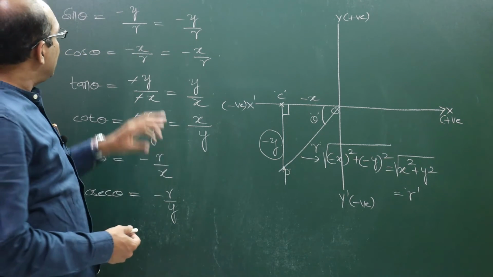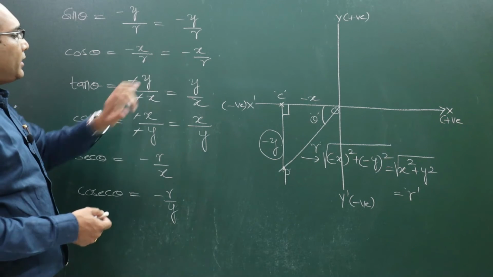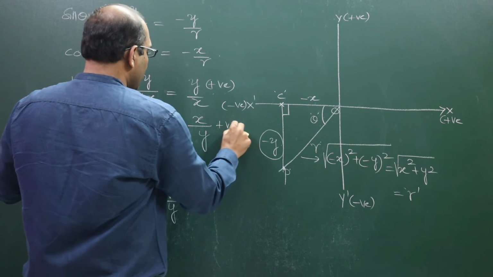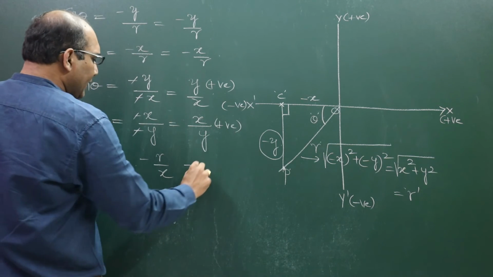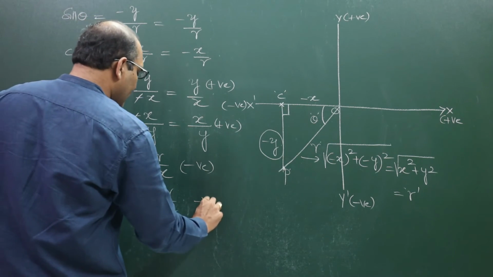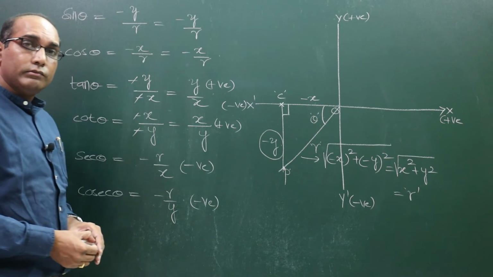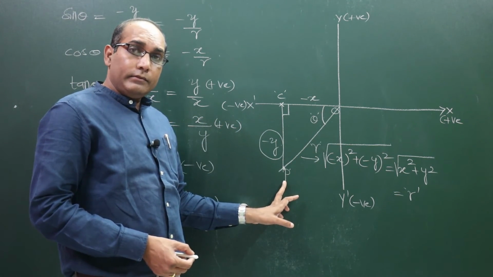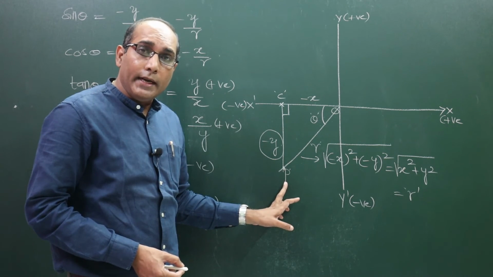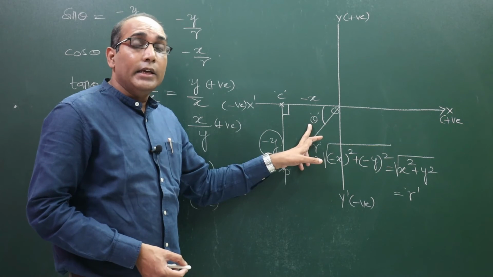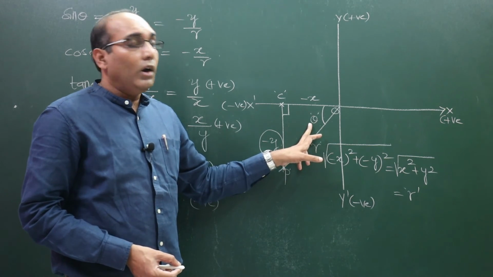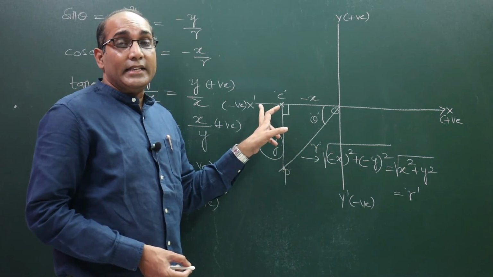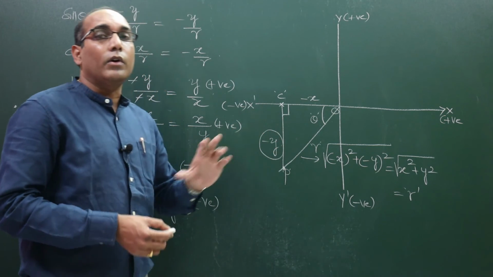Here we can observe that sin theta is negative, cos theta is negative, tan theta is positive, cot theta is positive, secant theta is negative, and cosecant theta is negative, because the final line OP is present in the third quadrant and the angle of reference is also in the third quadrant.